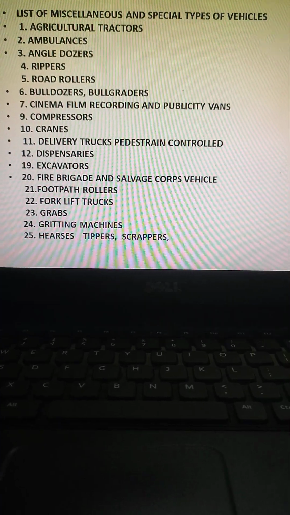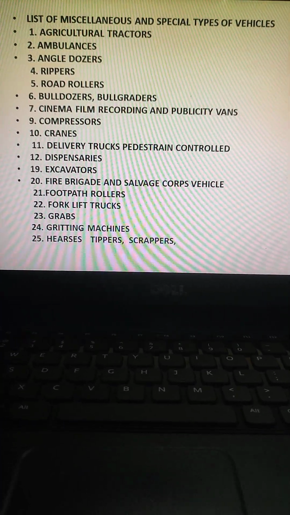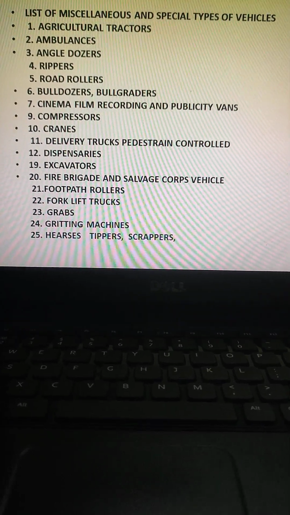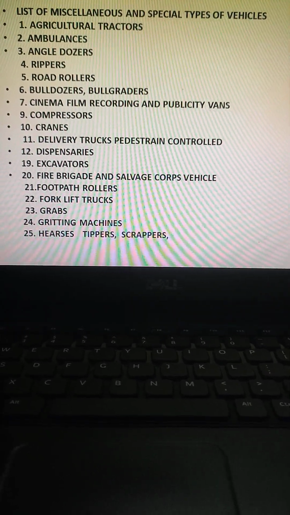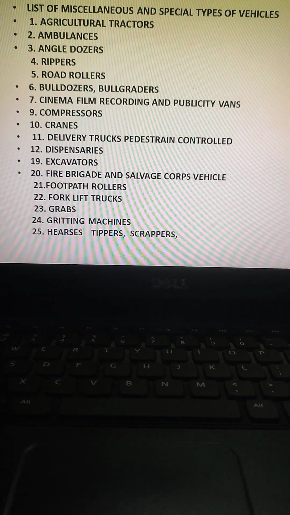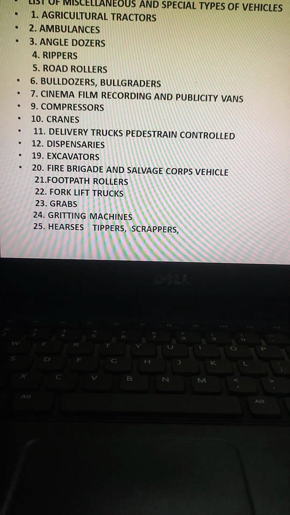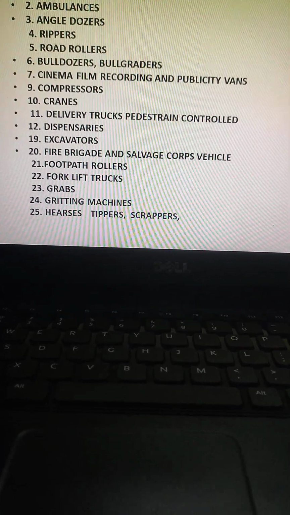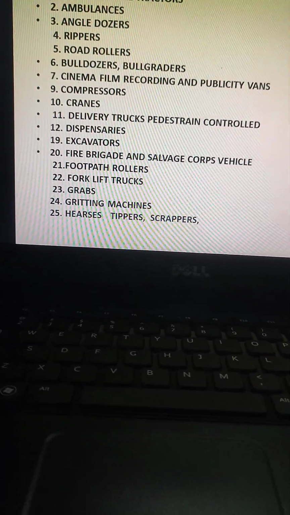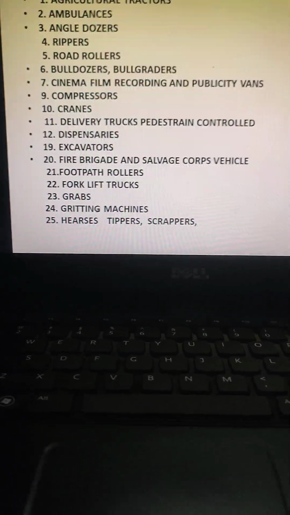There is a list given in the India Motor Tariff wherein almost 58 miscellaneous kinds of vehicles are included. Some of the vehicles may be known to you, but most of them you may not even have heard of. These are the machineries which are called vehicles, equipment, machineries, etc.